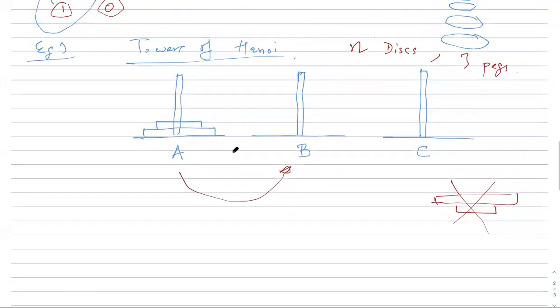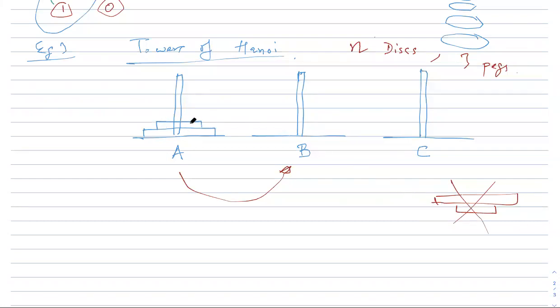Now it is easy to see how you would do it for 2, right? What is the possibility of you moving both the disks from A to B? You can see that if you just directly move from A to B, you will immediately get into this configuration.